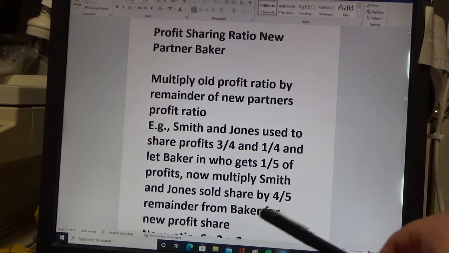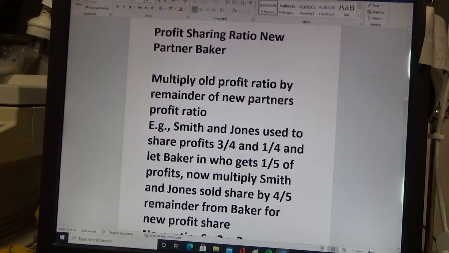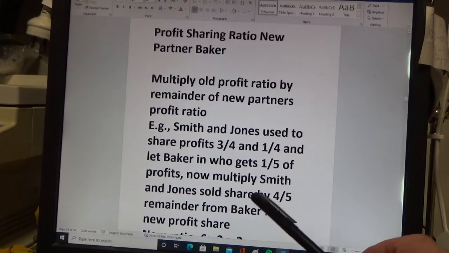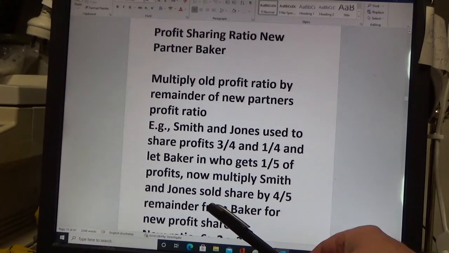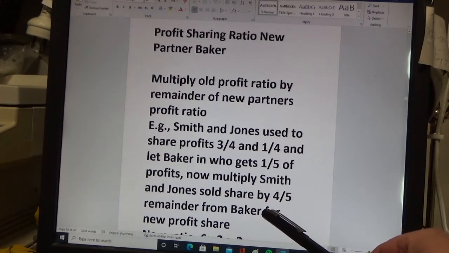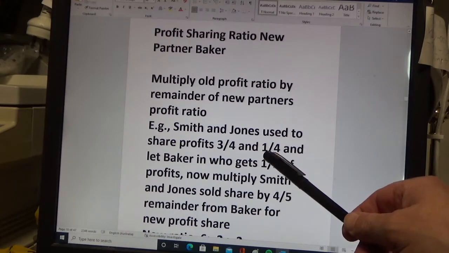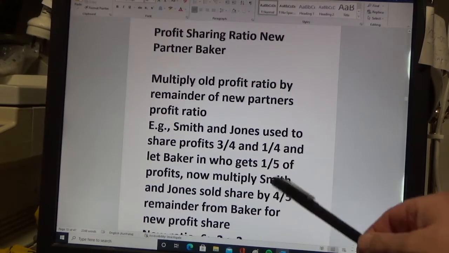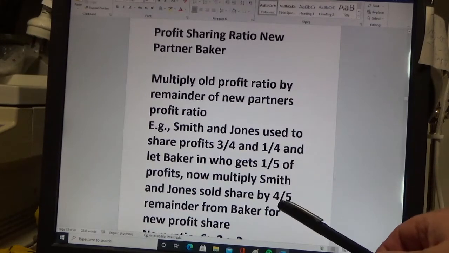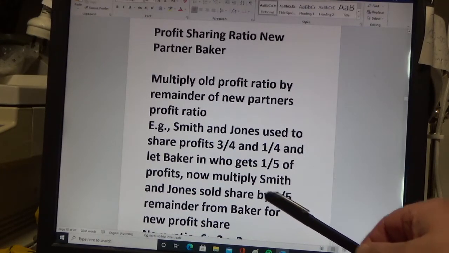Now what you've got to do to get the new profit sharing ratio is multiply Smith and Jones's share by 4/5. So 3 plus 1 equals 4, and then the new denominator is 5, right?